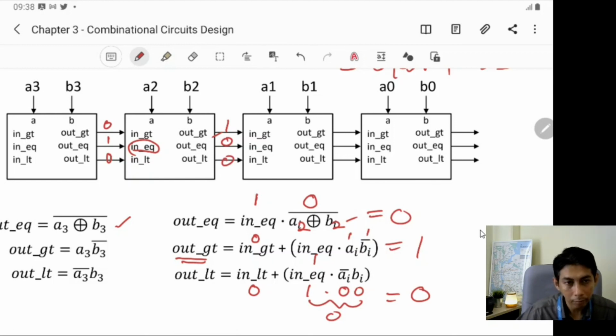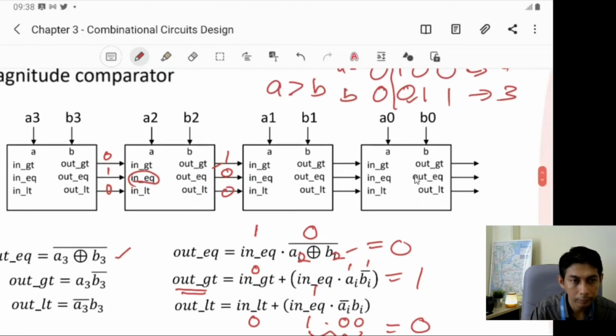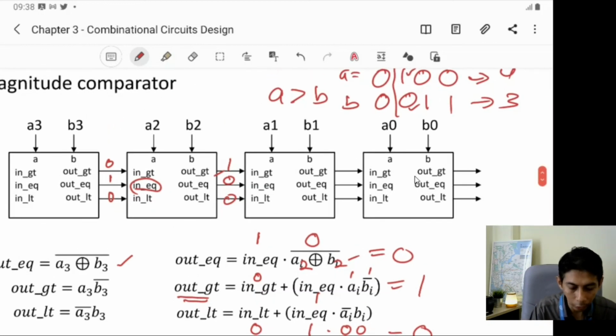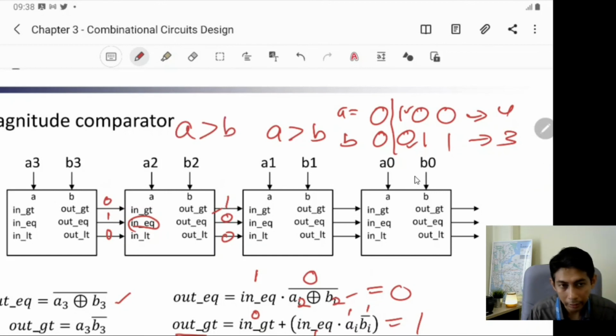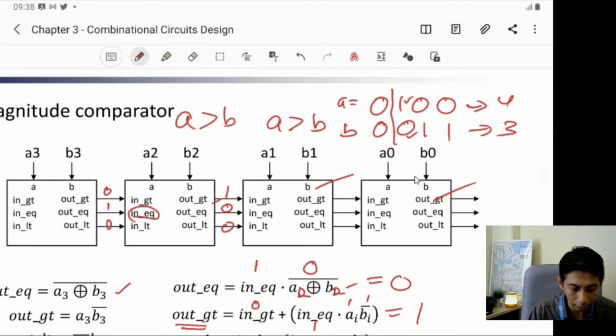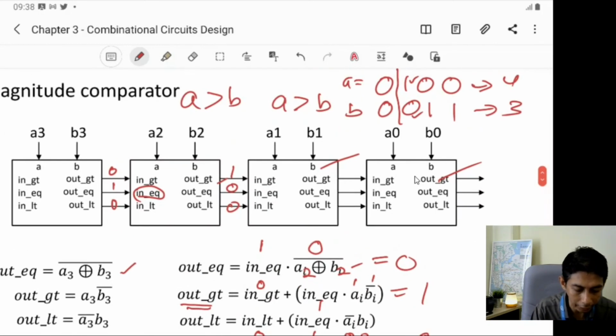Now your system knows already A is greater than B. Do we need to check the rest? No need. Of course your system will check, but it will propagate this value to the output. Why?